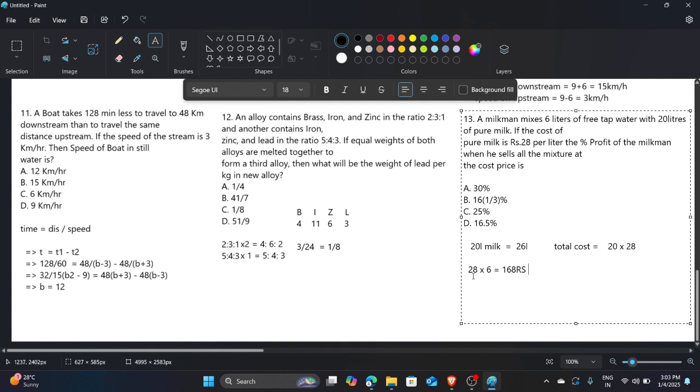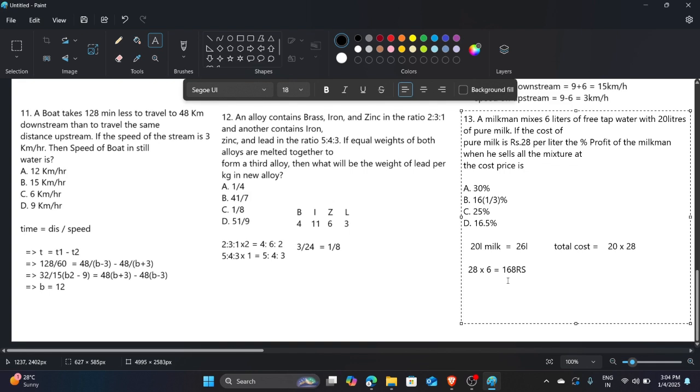Now this is the profit he gained because he added 6 liters of free water and mixed it with the milk. The cost of water is also 28, and he sells it at 28. So the free water he sells at 28 rupees is the profit, because the selling price equals the cost price.